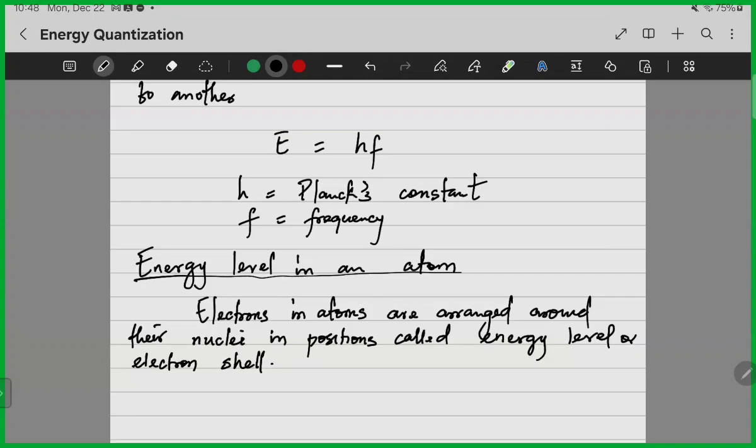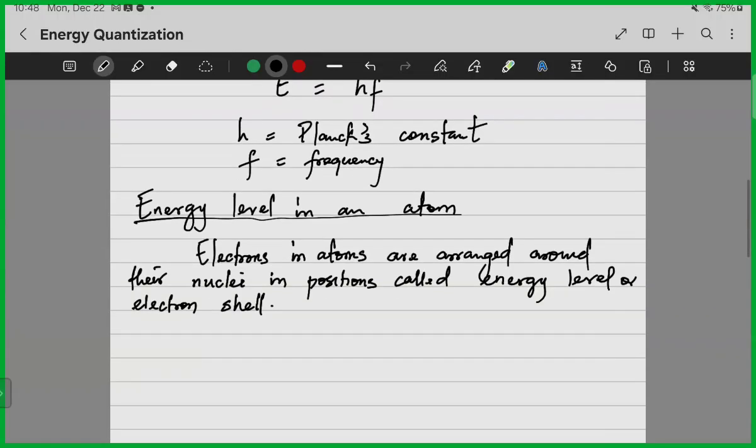Energy level, electron shell. Electrons in atoms are arranged around their nuclei in positions called energy levels or electron shells. So take note of that.